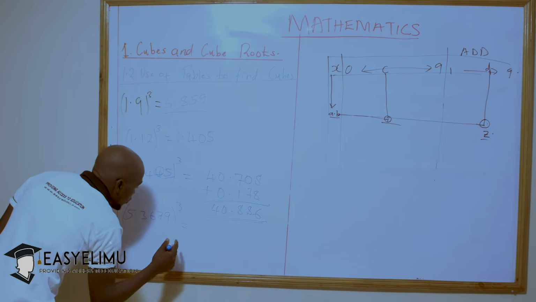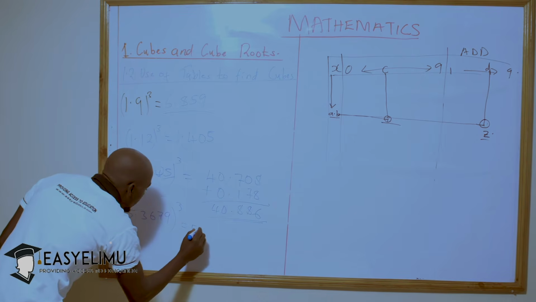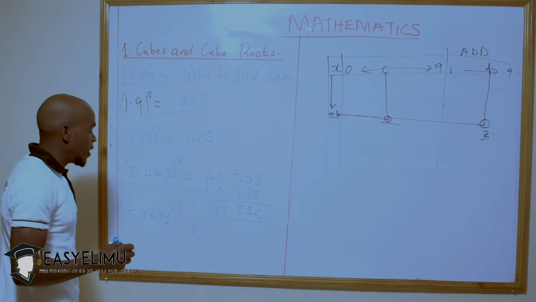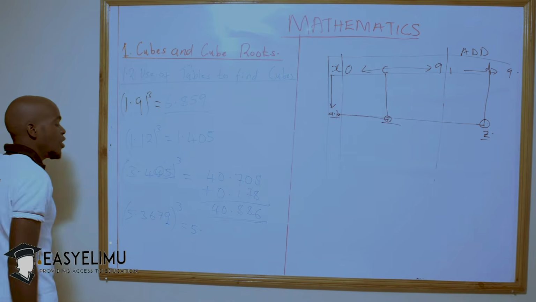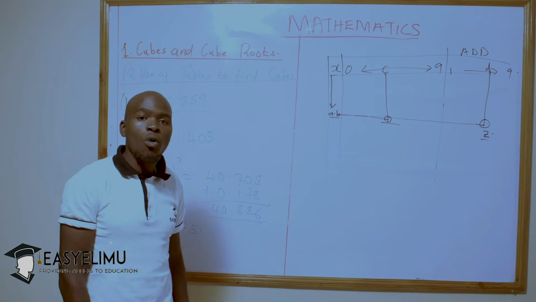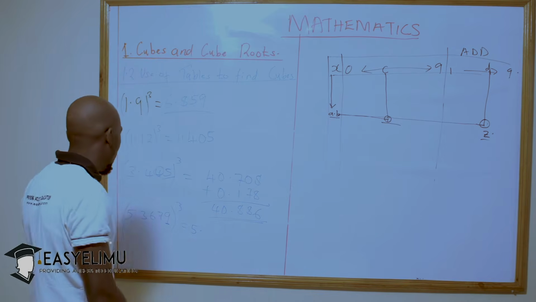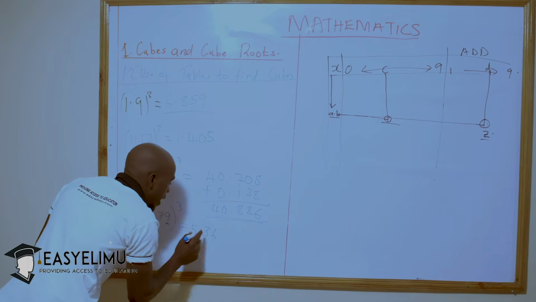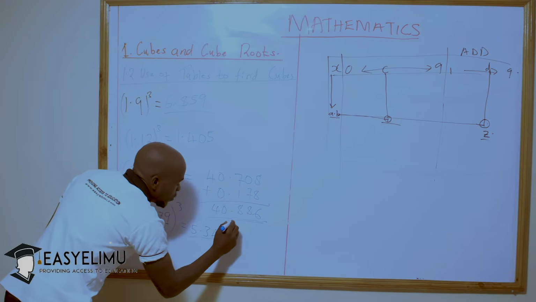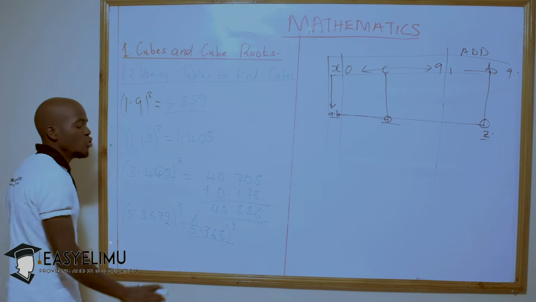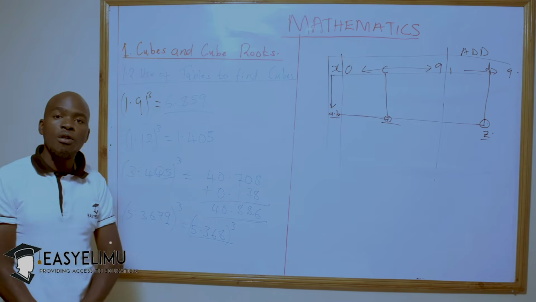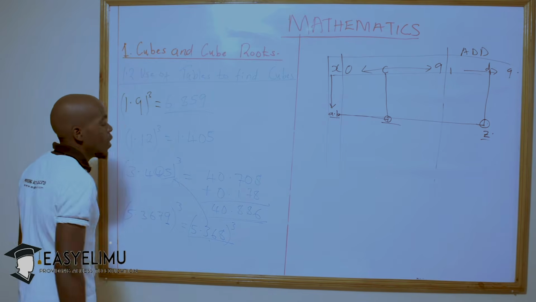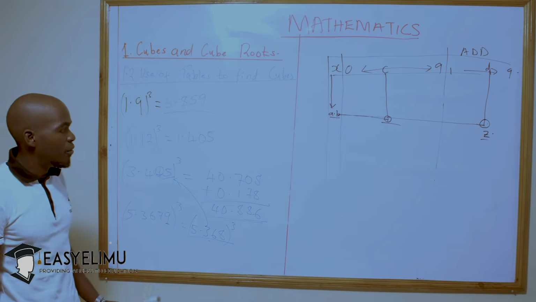Because this 9 is more than 5, you add 1 to the number which precedes it, so it will be 5.368. Now you find the cube of that rounded off number, using the same approach as before.